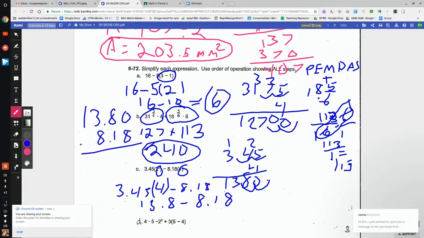Notice I add a 0 so I can line up my places. 10, 2, borrow, 6, borrow from here, 5, bring my decimal straight down, so I get 5.62 for C.